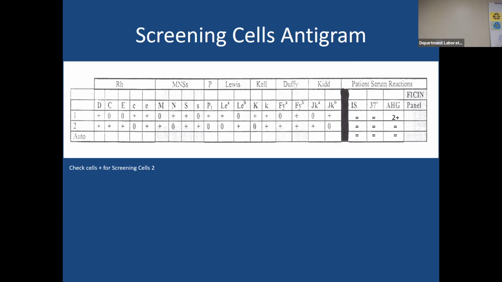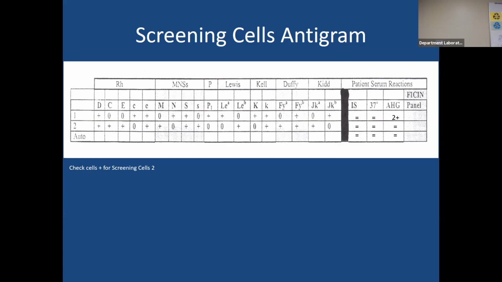So screening cell number 1 is D positive, big C negative, little c positive. So screening cell 1 is homozygous for little c. Okay, big E negative, and this is the e, kind of hard to tell, little e positive. So this cell is homozygous for little e. And then you can see this cell is homozygous N positive, negative for M, homozygous big S positive, negative for little s. So do you see how your haplotypes are positioned on your antigram?